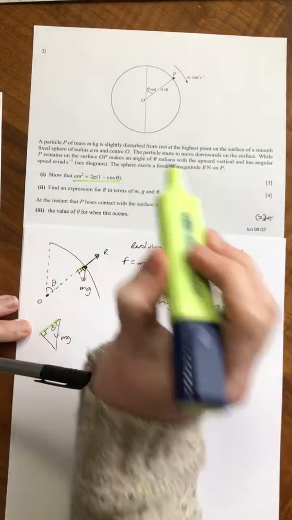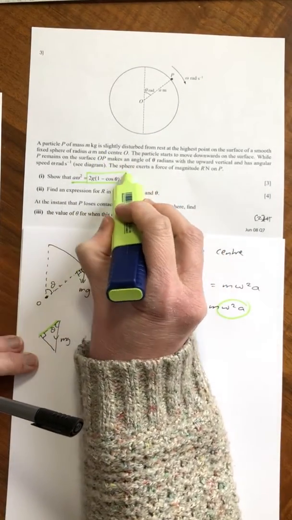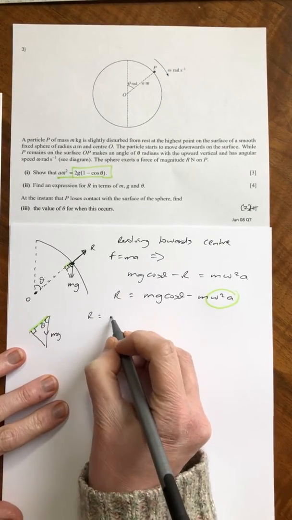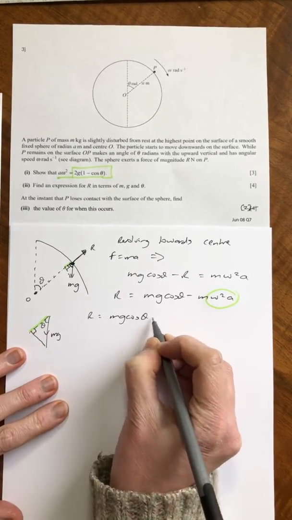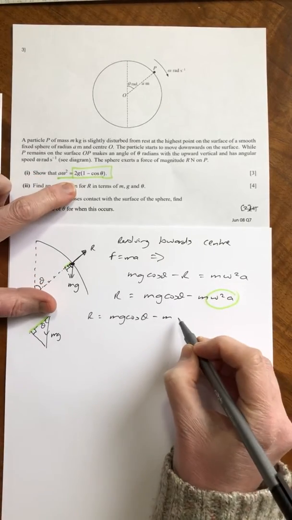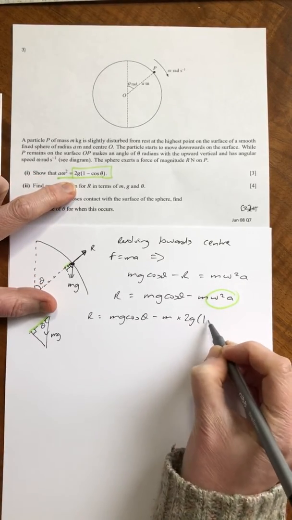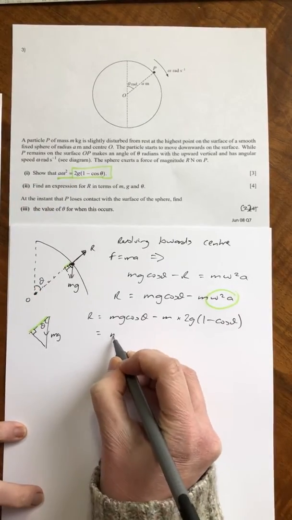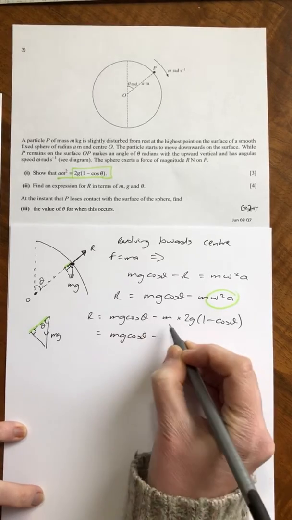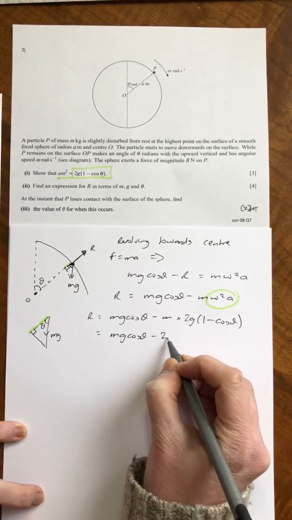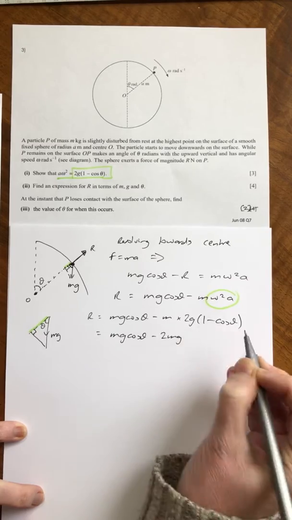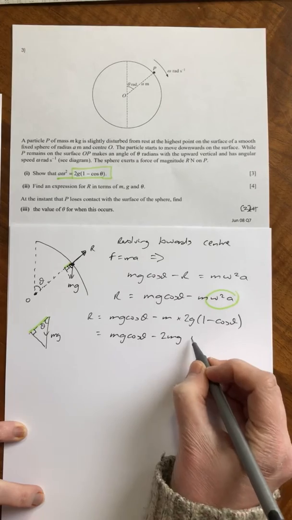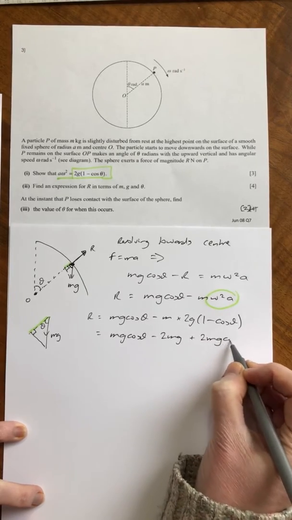So I'm going to be putting that right hand side in place of there. So R is equal to mg cos theta minus m multiplied by 2g(1 minus cos theta). And then it's just a matter of expanding that. 2mg multiplied by 1, and then 2mg multiplied by cos theta, but it's two negatives, so plus 2mg cos theta.